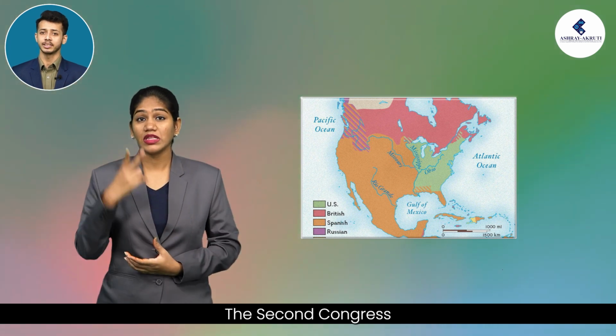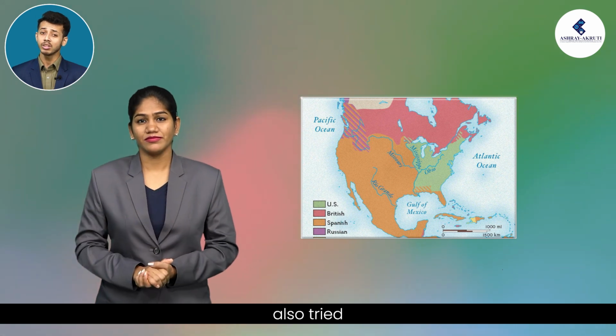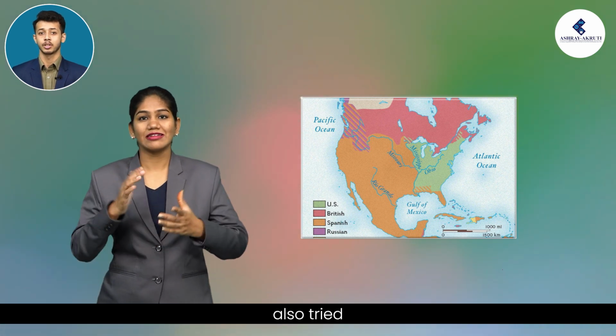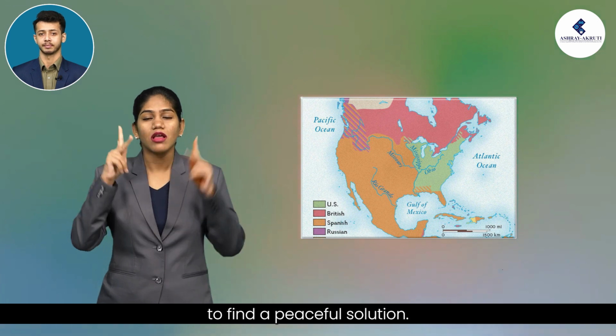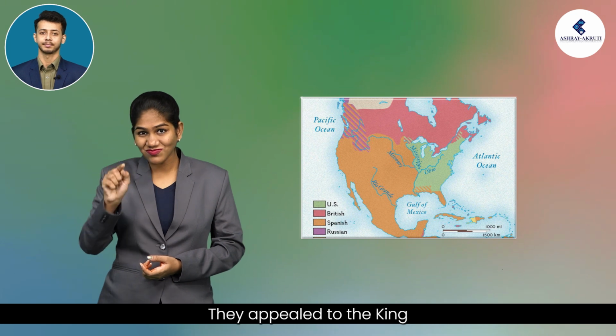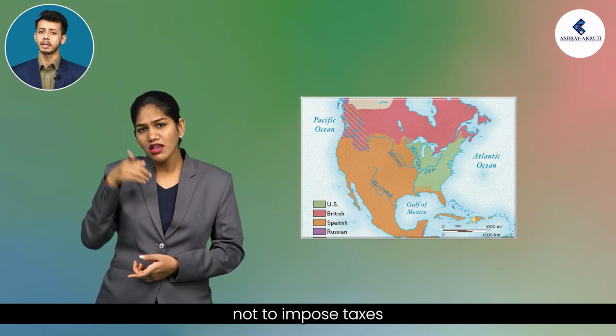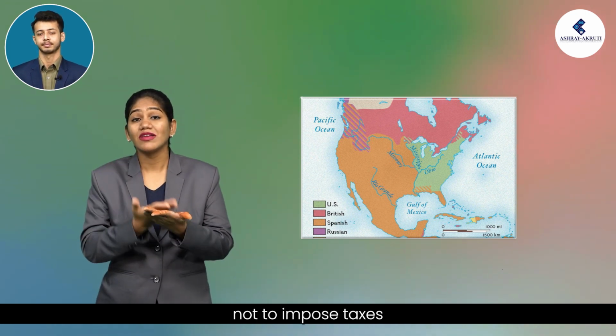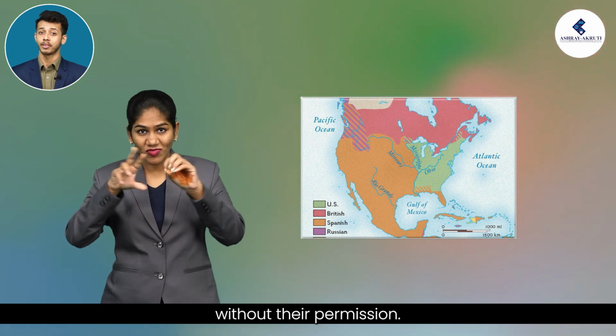The Second Congress also tried to find a peaceful solution. They appealed to the king not to impose taxes without their permission.